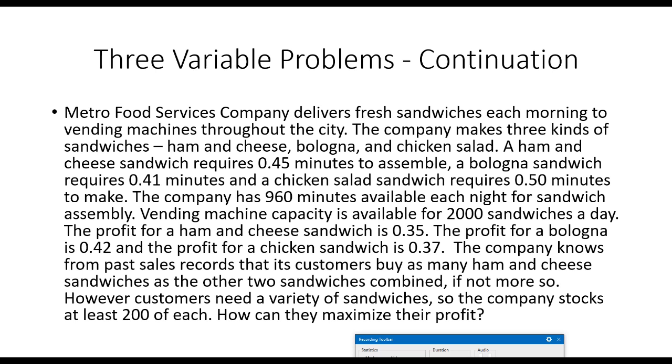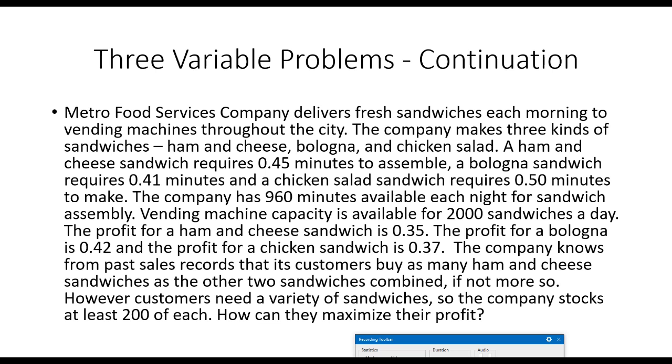That's our first constraint. Our second constraint, capacity is 2,000 sandwiches a day. If capacity is 2,000, that means our total of all sandwiches, so x1 plus x2 plus x3, must be less than or equal to 2,000.